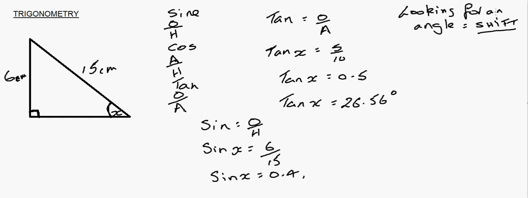Remember, looking for an angle, we press shift. So actually that shouldn't be tan x, that should just be x. So x will equal, so I press shift, sine, 0.4 equals, and that gives me an angle of 23.6 degrees.